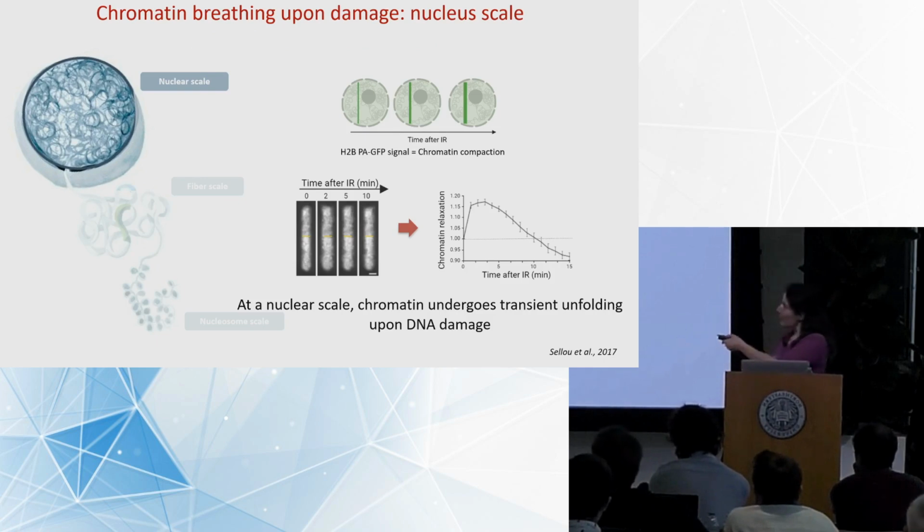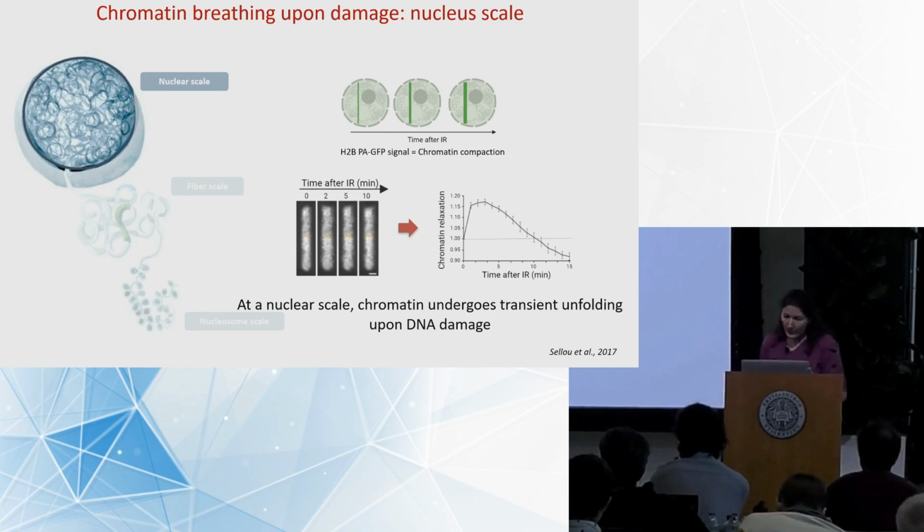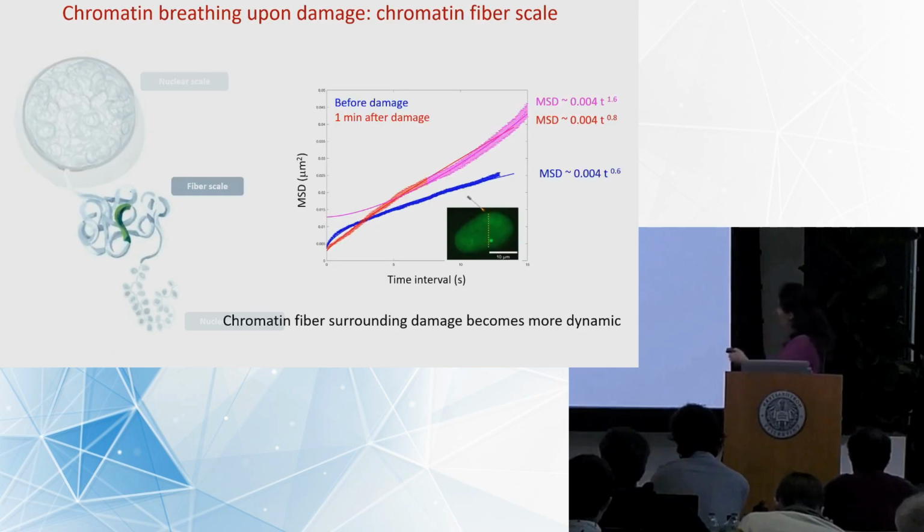If we irradiate a cell, here we manage to observe by fluorescence only the damaged area in live cells and to measure the decompaction of chromatin. What we observed is that chromatin indeed undergoes a transient unfolding upon DNA damage. Then let's zoom in on the fiber scale. Here what we see is that if we measure the dynamics of a specific chromatin locus, it exhibits anomalous motion in the absence of a break, here in blue.